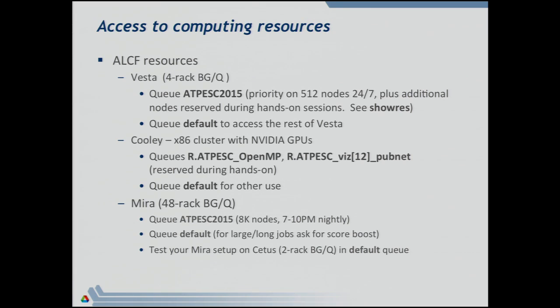Why is the machine connected to the 5D torus? It's a scalable way to connect a very large number of nodes together. It has an incredible amount of bandwidth, and it's one of the things that makes the Blue Gene special.